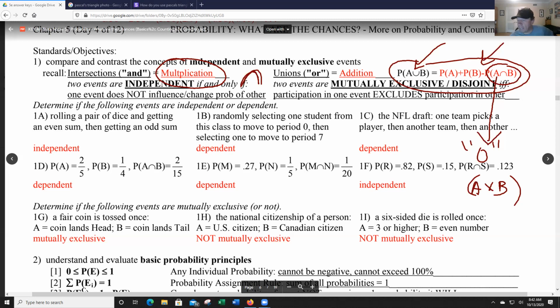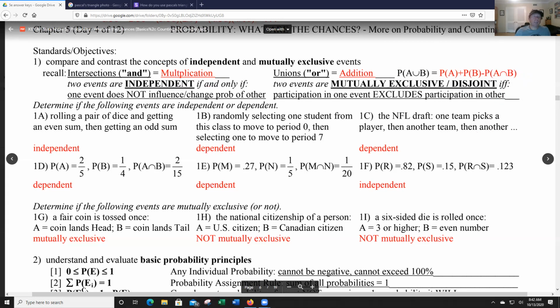And it could be some given number or given percentage if the events are not mutually exclusive nor independent, okay? And again, in subsequent days, you're going to see this. But in the first 5 days of chapter 5, I just do all kinds of crazy probability problems. Some you can handle, some you can't, just to see where kids are at and everybody's at, okay?